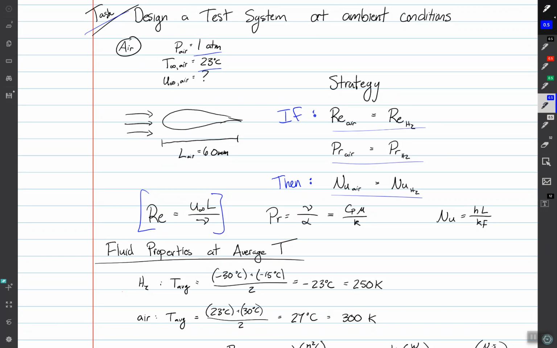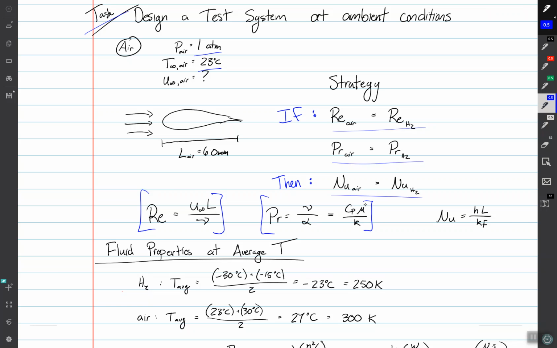Another way of thinking about it is how momentum diffuses through the fluid by viscosity, and on the bottom, how heat diffuses through the fluid by conduction. Another way to write that is heat capacity times the viscosity divided by the thermal conductivity, k.